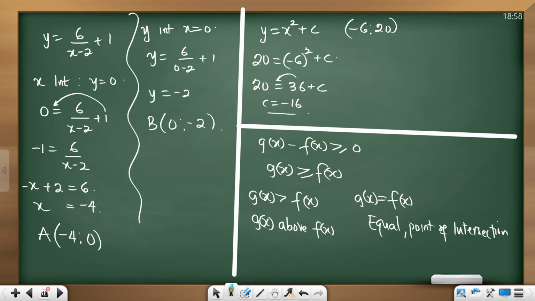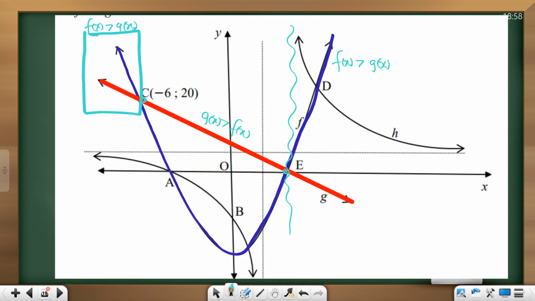What are we looking for? G must be above what? F. Where is that? The one in the middle. Oh, beautiful. So we are between what? C and E. In terms of coordinates, I have already answered you there.